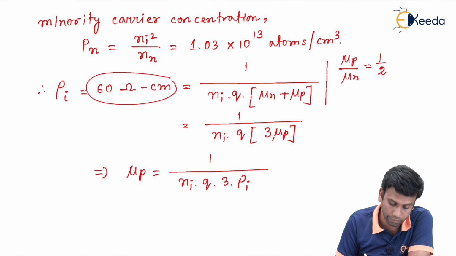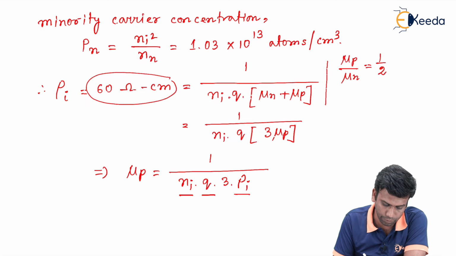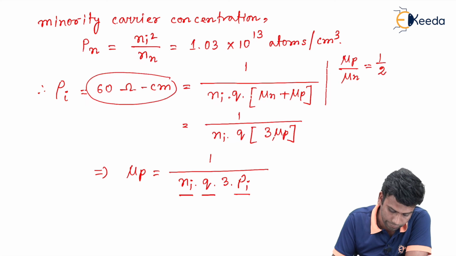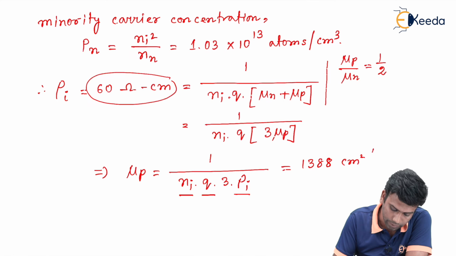We know the values of Ni, Q and rho I. So if we put all these values in this equation, we find that the mu p value will be 1388 centimeter square per volt second. So this is the mobility value of the holes.